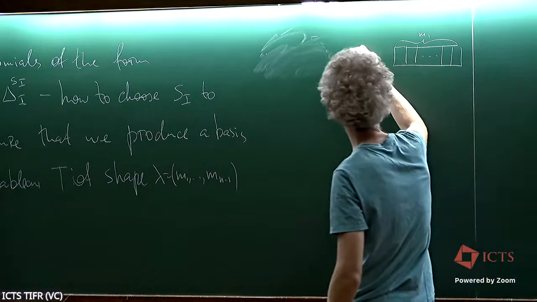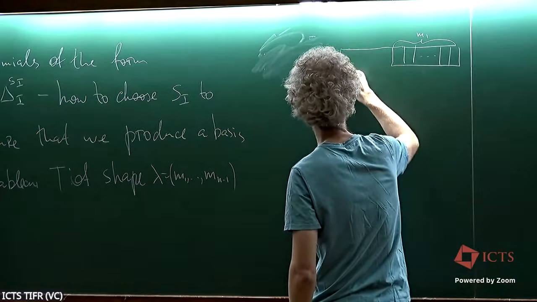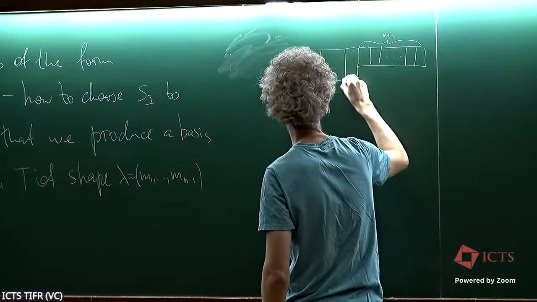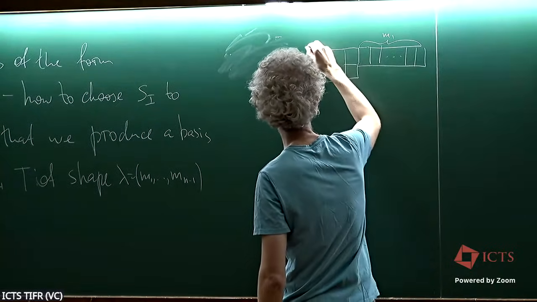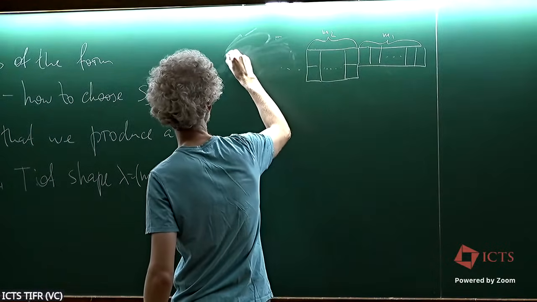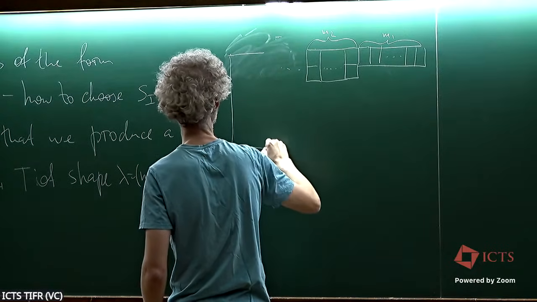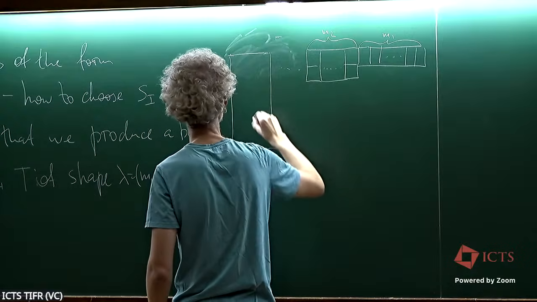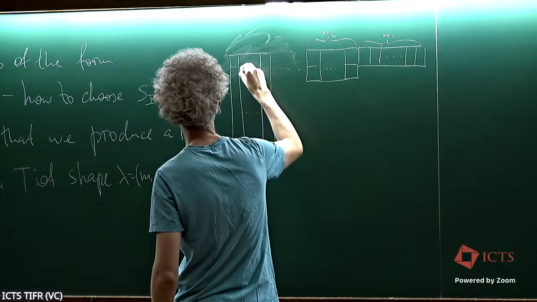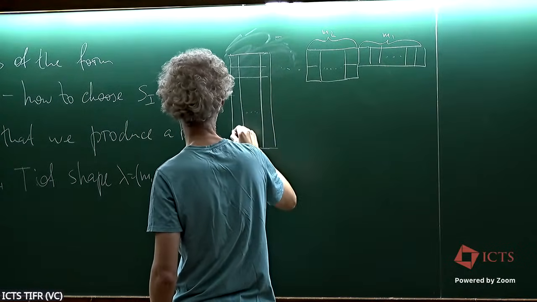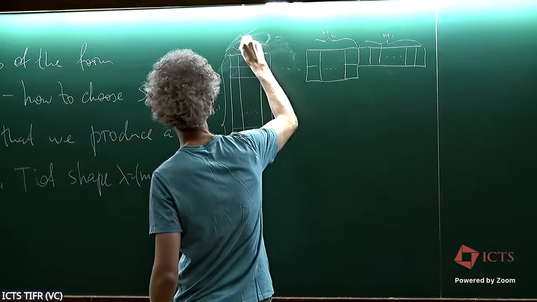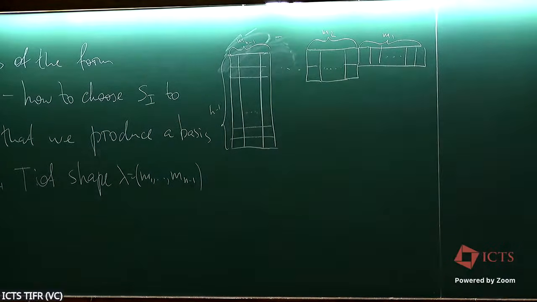And then we have M2 columns of height 2, and so on, up to M n minus 1 columns of height n minus 1. So we're getting a Young tableau, okay?